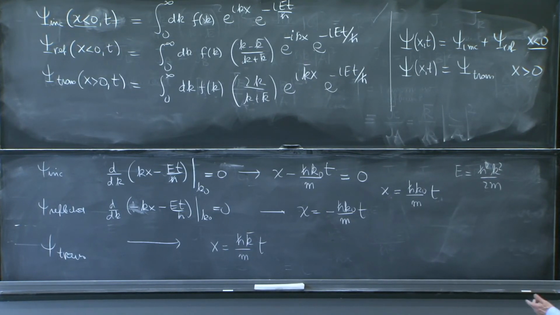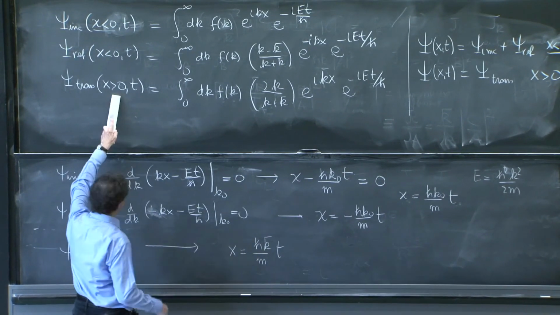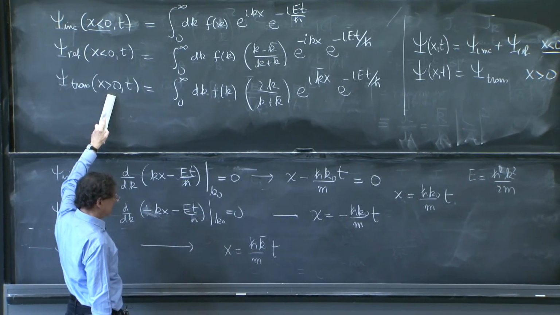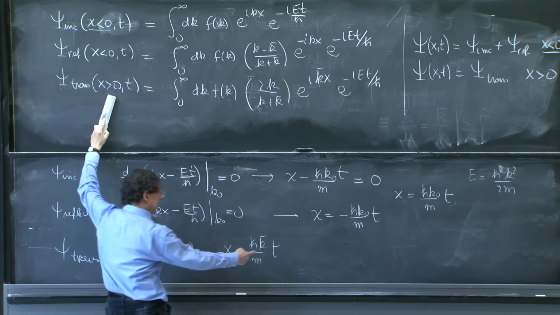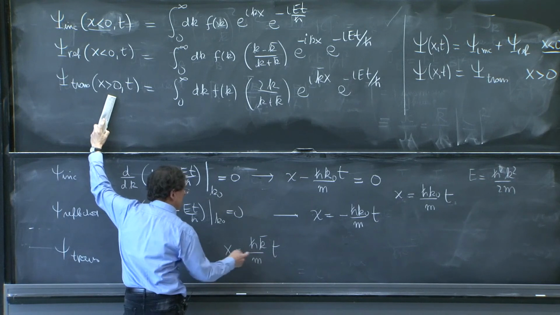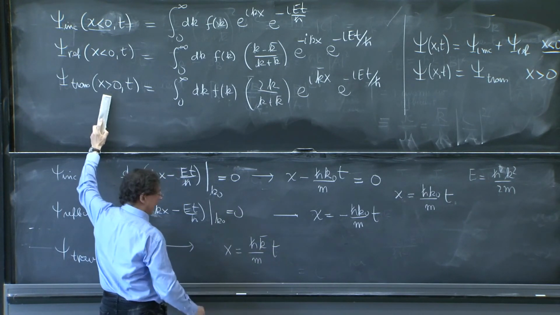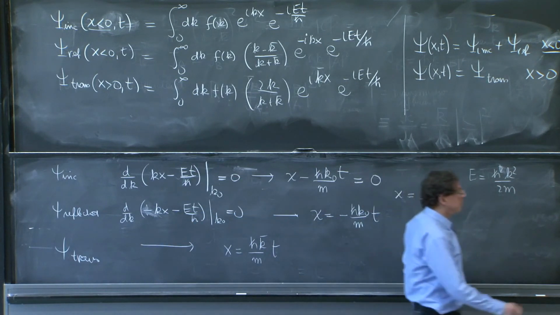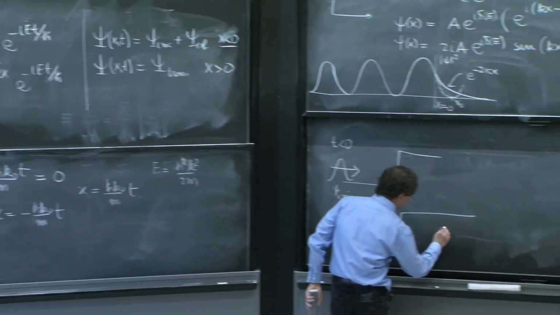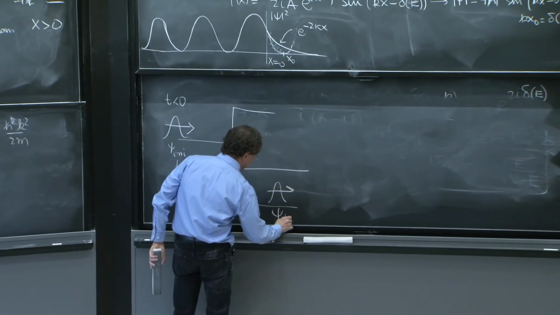And since ψ transmitted exists only for positive x, this relation can be satisfied for positive t. For positive t, there will be a transmitted ψ transmitted.